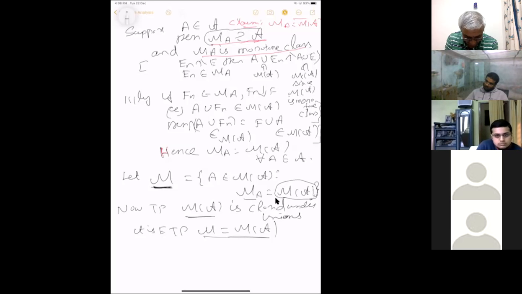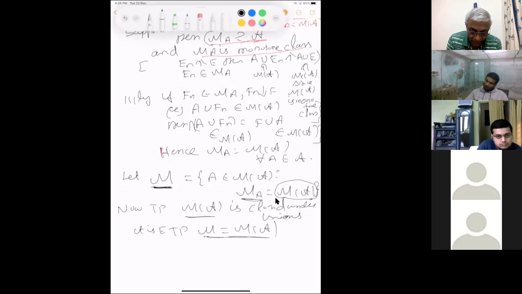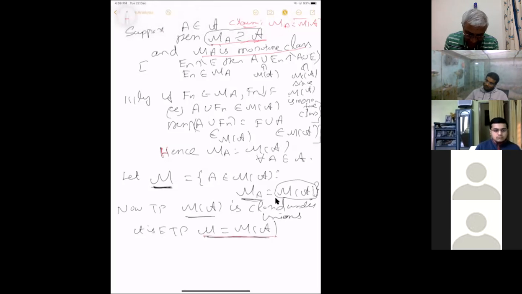Suppose I prove this, M equal to M of A. That means all these M_A are equal to M of A. Maybe I will change color and then go one by one. Suppose I prove this, then for all A in M_A, this is true.